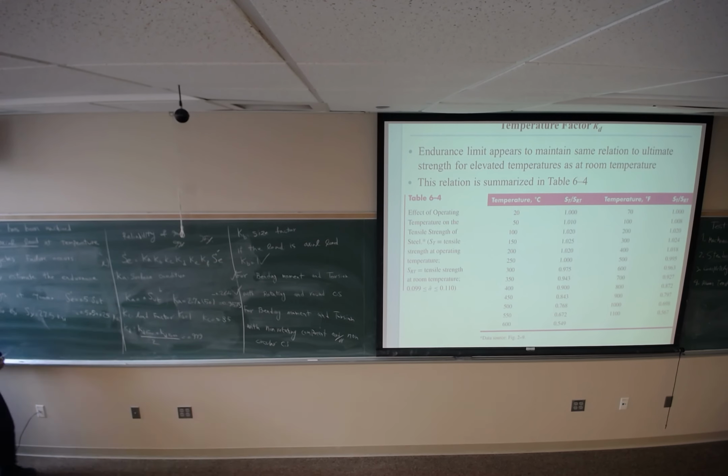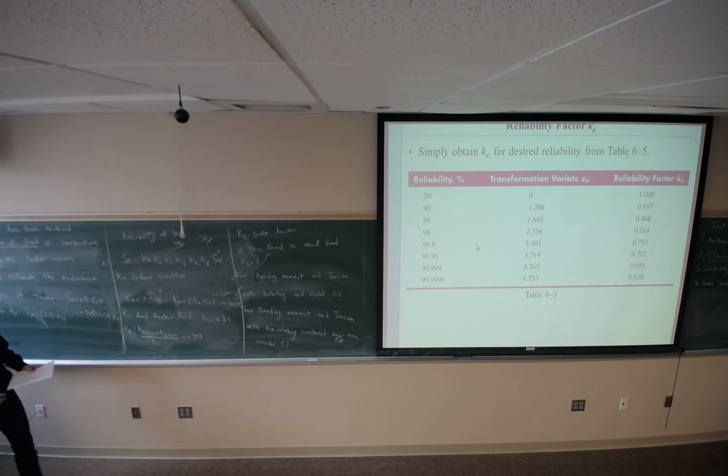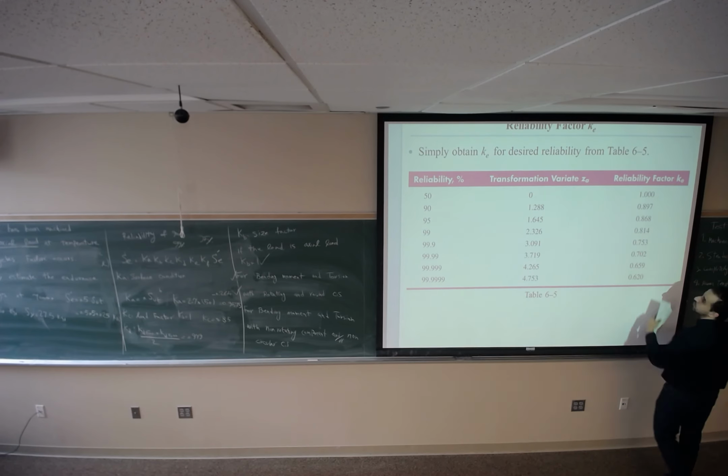Add them up and divide by 2. Ke is the reliability factor; for 99% it is 0.814.